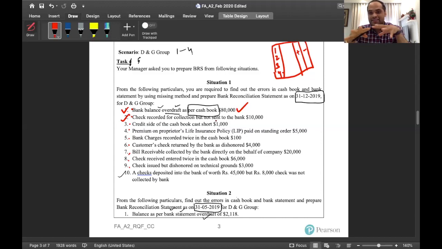Whatever answers you give, I write here, then you calculate and tell me the answer, and I will tell you mine. Then we will check and find out which transaction we made a mistake in. That's why you should give numbers. Let's say 1 is the overdraft balance of the cash book, which is of course negative, and then number 2. You said negative, so I write negative here.